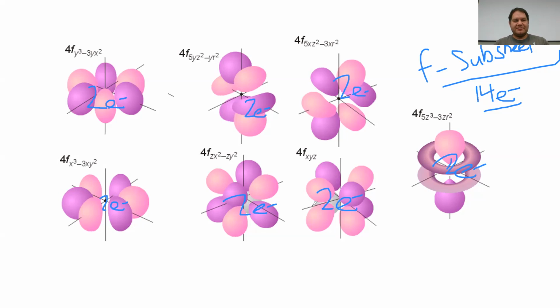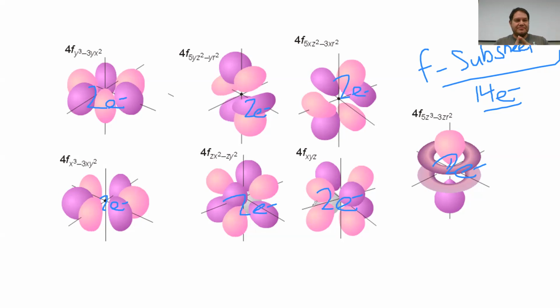As a result, we get these really interesting cloud structures called orbitals. There are various different types of orbitals: s orbitals, p orbitals, d orbitals, f orbitals, and so forth.